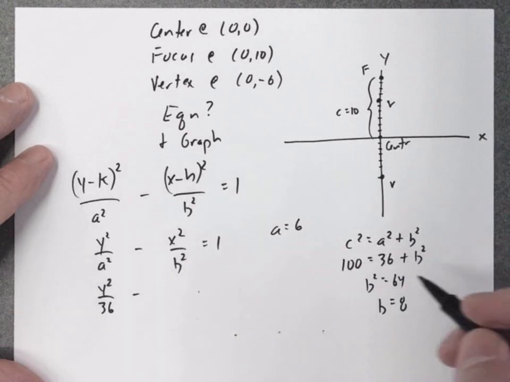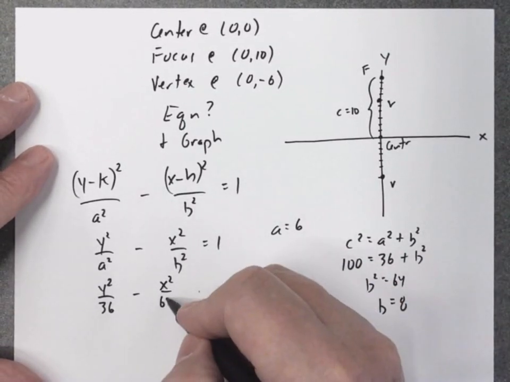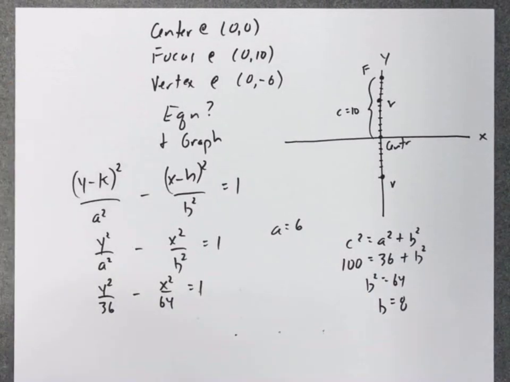I don't really need b. So b squared is 64. So there is the equation of the hyperbola.